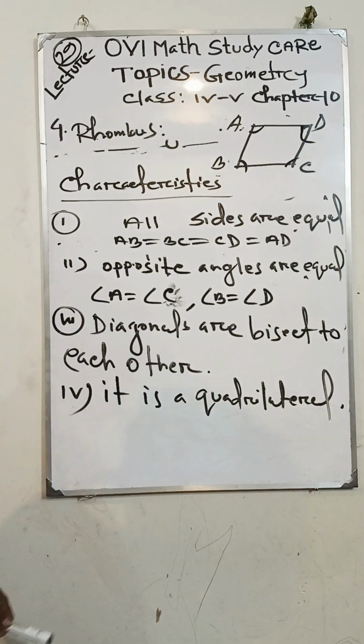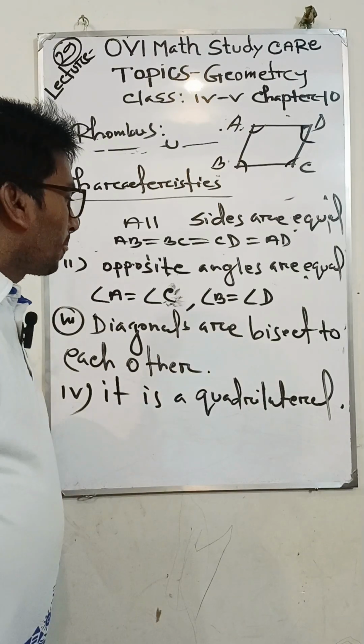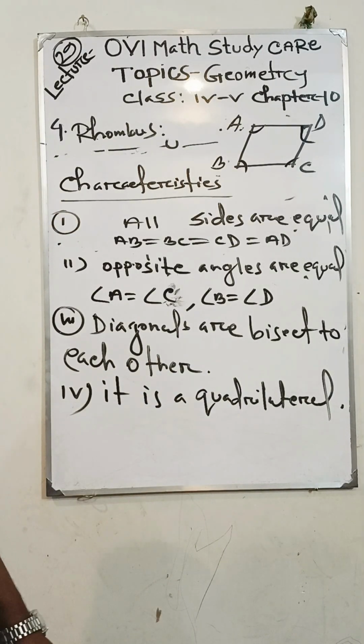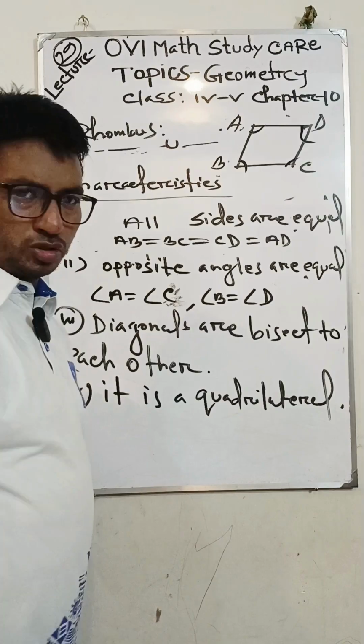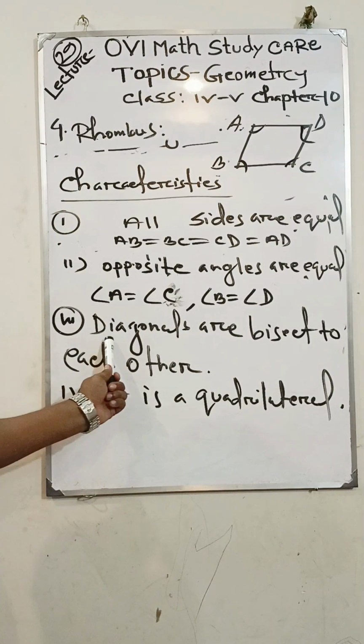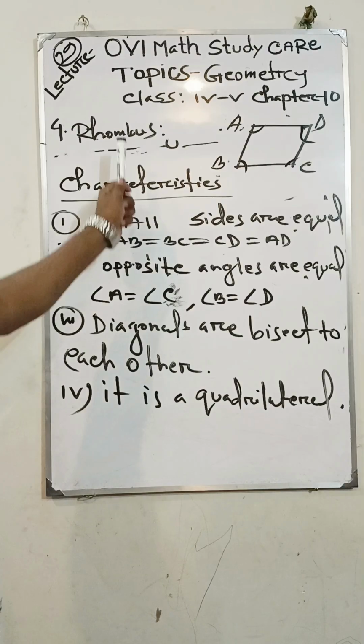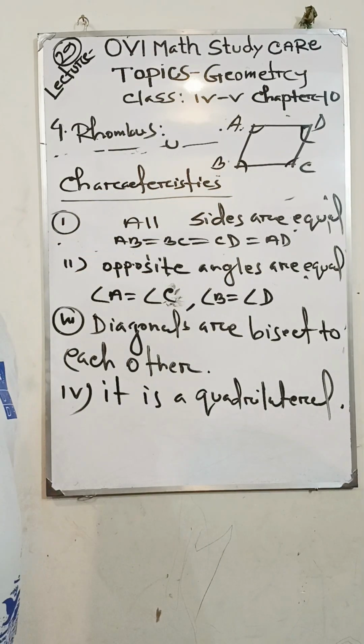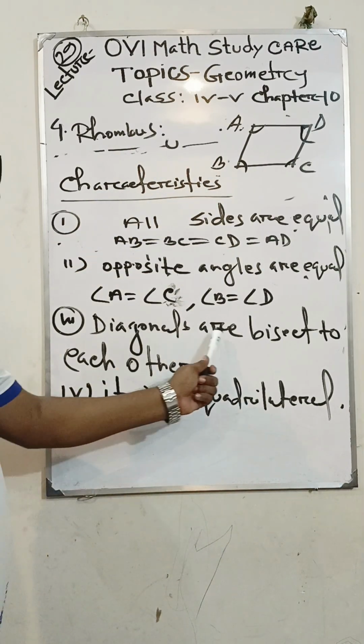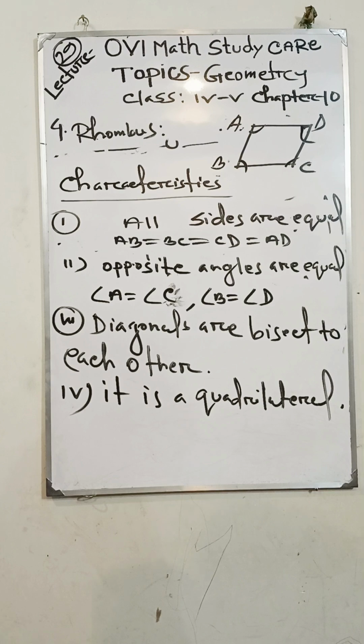Characteristic number 3, diagonals are perpendicular bisectors. There is a new word for the rhombus. In the parallelogram, we learned that diagonals bisect each other, but in the case of the rhombus, you should write that the diagonals perpendicularly bisect each other.